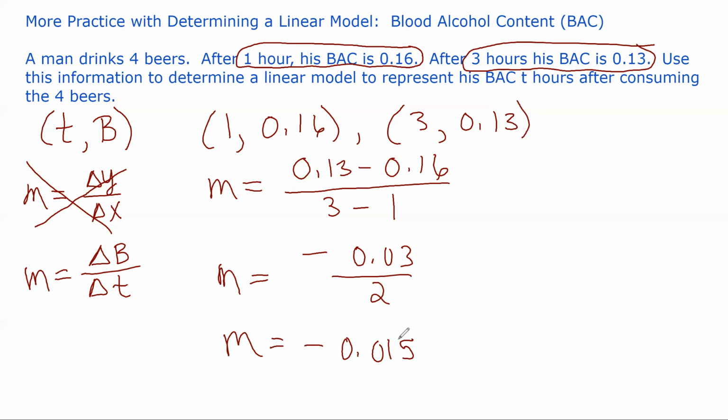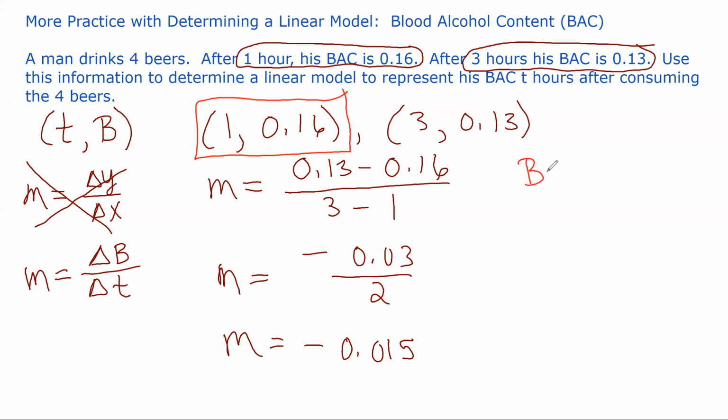What we do not know is what was this man's starting blood alcohol content after he drank the 4 beers. So we can use one of the ordered pairs, and I'm going to just choose the first one. It's just a choice. And we can use our point slope formula.